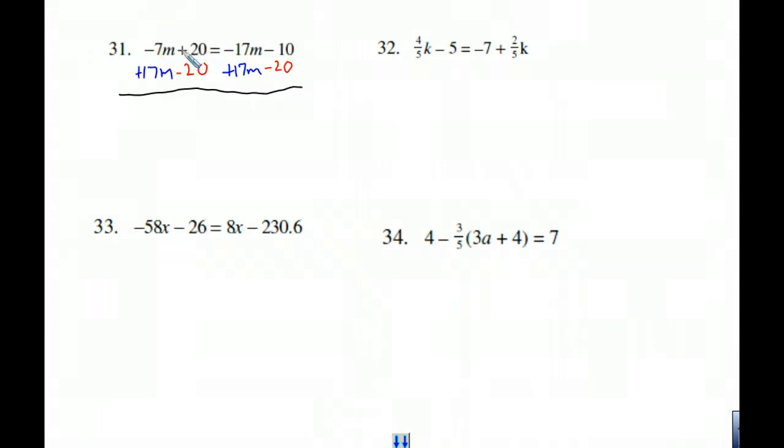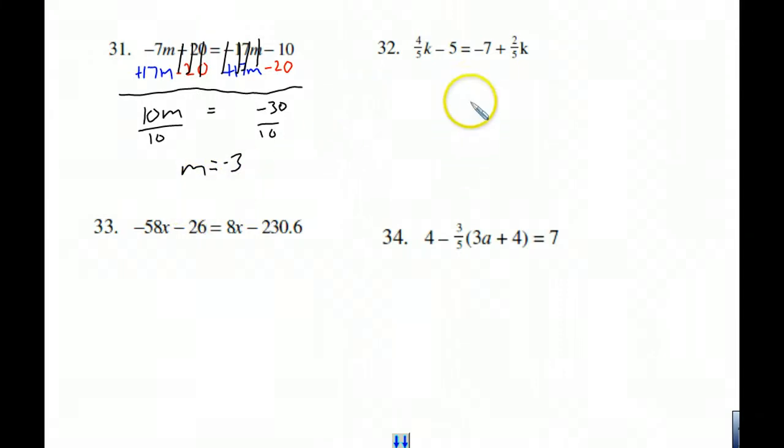Okay, so that's 0, and that's 0. Variables on the left now, numbers on the right. So negative 7 plus 17 is 10m. And negative 20 and negative 10 equal negative 30. So 10 times what equals negative 30. Divide both sides by 10. M equals negative 3.